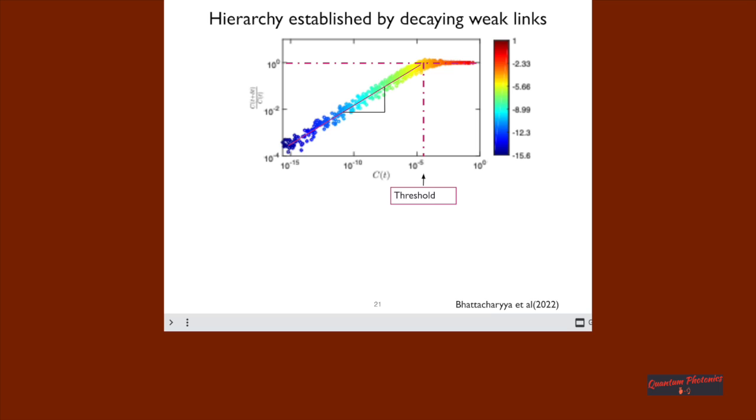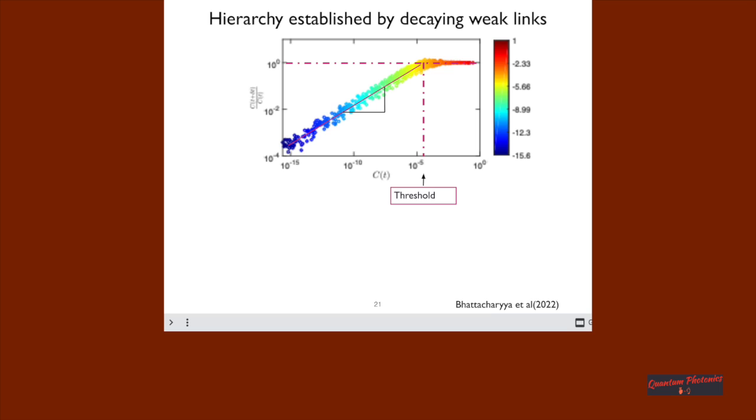What we observed in our work is that the conductances which are smaller than a threshold, shown by the vertical dotted pink line, continue to decay over time, whereas the conductances which are above this particular threshold are more or less constant.